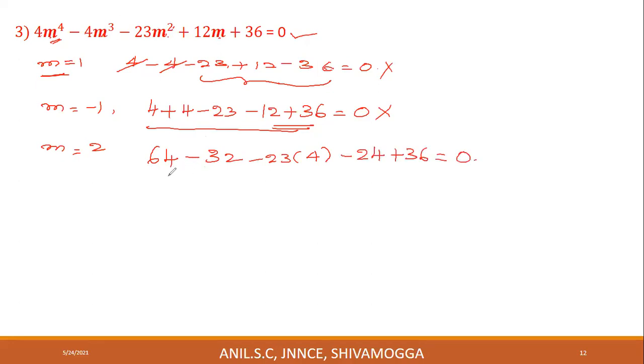Is this true? 64 minus 32 minus 23 into 4, that is 92, minus 24 plus 36. Clearly this is 0. We get 0 is equal to 0. Now we can conclude that m is equal to 2 is a root. This is by inspection.